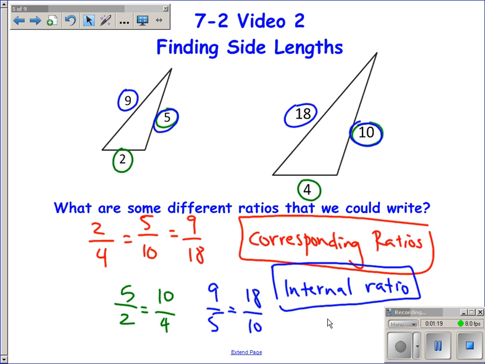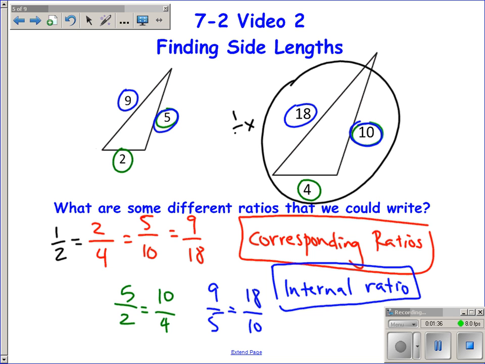One more way that you could do it, which is a pretty common way, is by using the scale factor. The scale factor you would get from the corresponding ratio is 1/2. So any length in this triangle, if I multiplied it by 1/2, I would get the length in this triangle. So 18 times 1/2 is 9, 10 times 1/2 is 5.